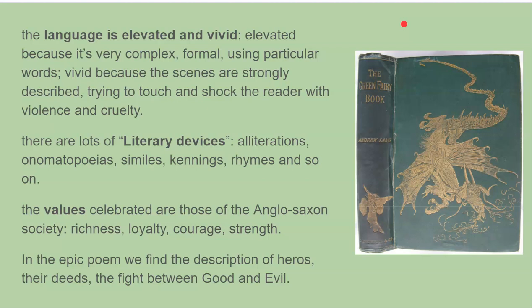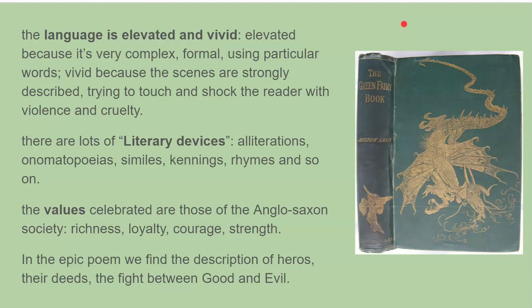There are, of course, a lot of literary devices. For example, we find onomatopoeias, alliterations, kennings, rhymes. So all the possible figures of speech or literary devices are present in the epic poem. And the main values we find in the epic poems are the typical values that belonged to the Anglo-Saxon society.